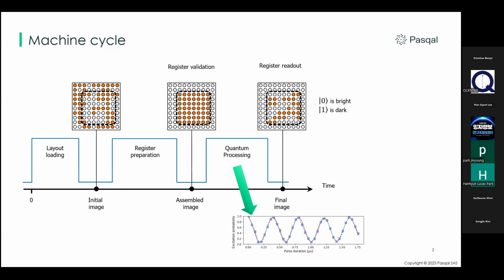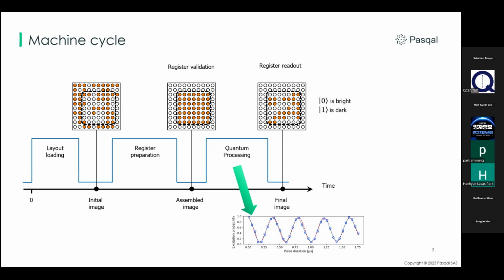So once the atoms are in place, the actual quantum processing, the actual computation cycle, can start, which involves subjecting this quantum register to the specific laser impulses defined once again by the programmer, by the user, in order to instill some kind of evolution.